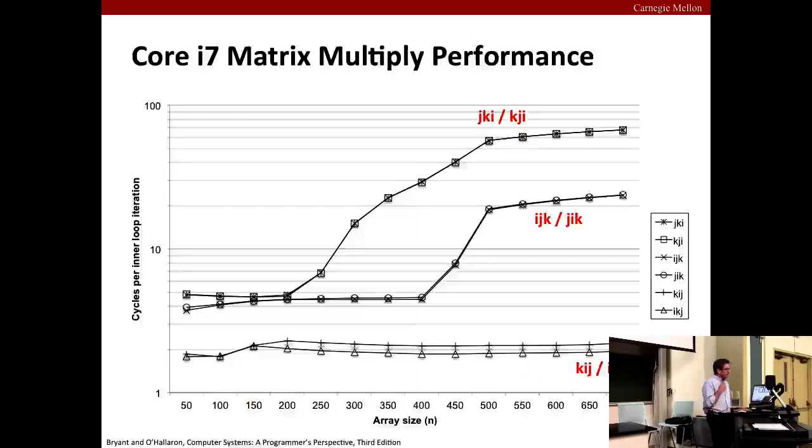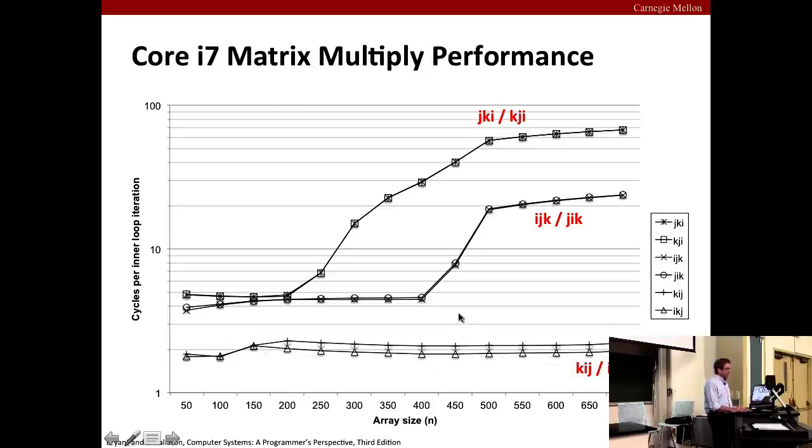And so when we measure these on a modern system, you can see that KIJ, which has the fewest number of misses, is getting about 1 cycle. What we're plotting here is cycles per inner loop iteration. So each iteration is taking about 1 cycle, which is really good.